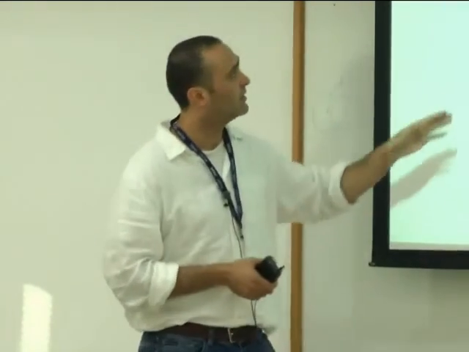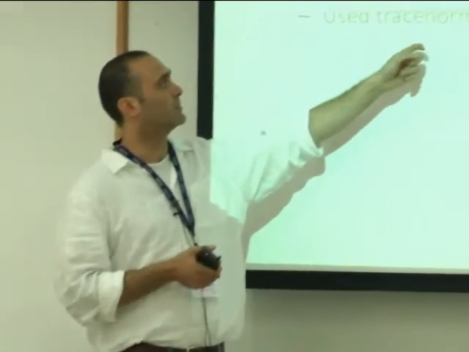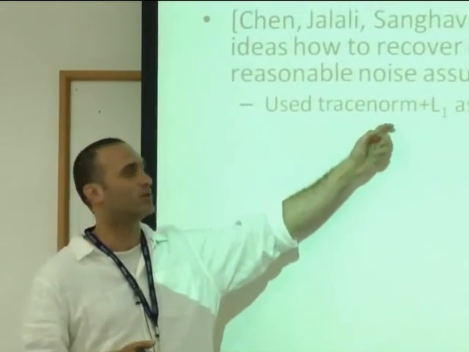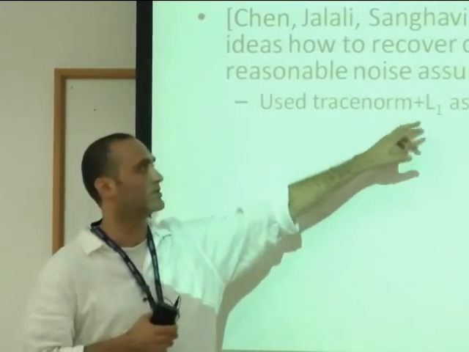And then they show that using the robust PCA theory, which many of you know of, you can do this if you replace your loss with something called the trace norm of your solution, which also many of you know, plus L1 as a surrogate for rank plus sparsity.